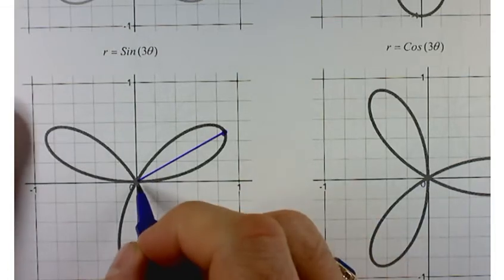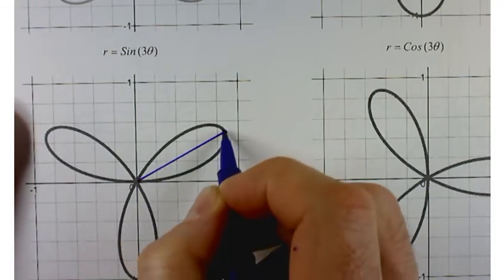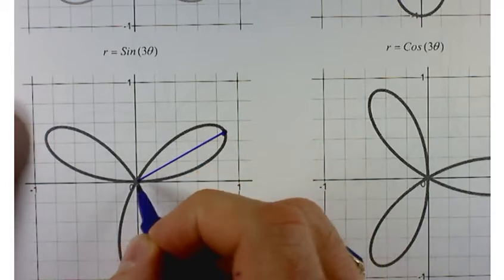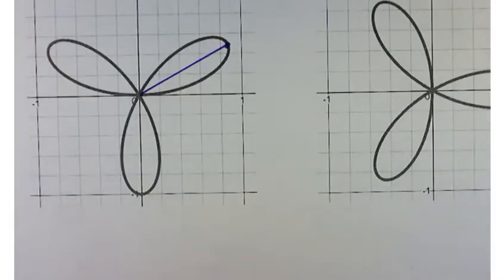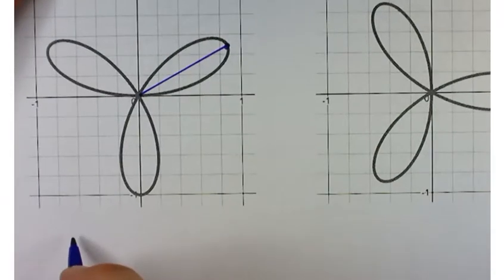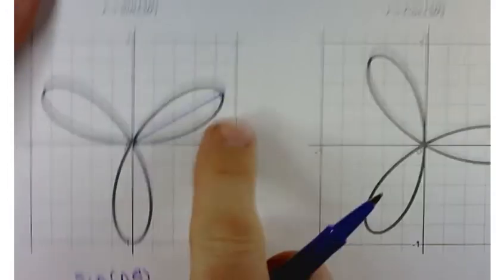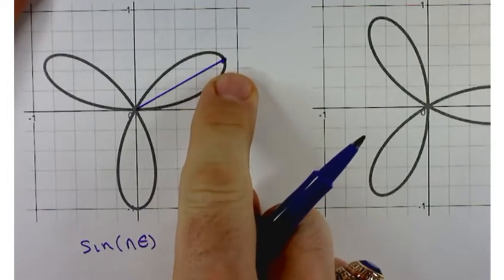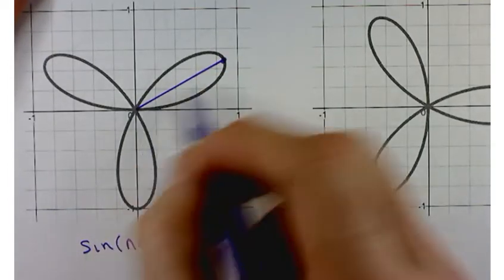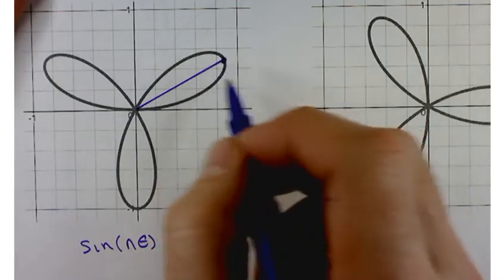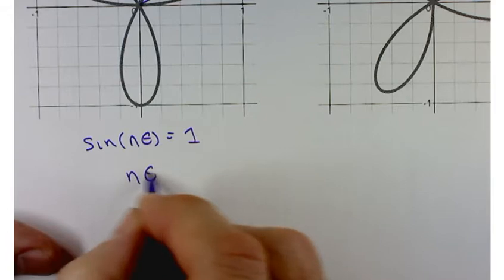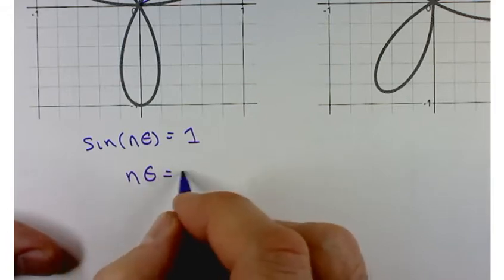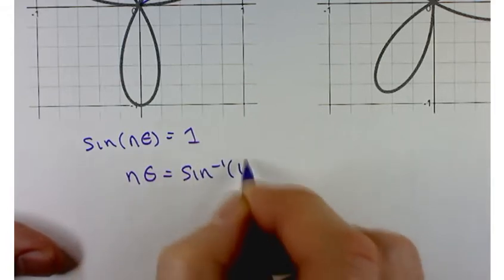Because your sine graph is going to start out here, increase to a maximum, and then come back down. And the shortcut answer to this is this. When we have sine of n theta, it's going to reach its maximum when you get the sine of something that gives you 1. Or in other words, n theta equals the sine inverse of 1.